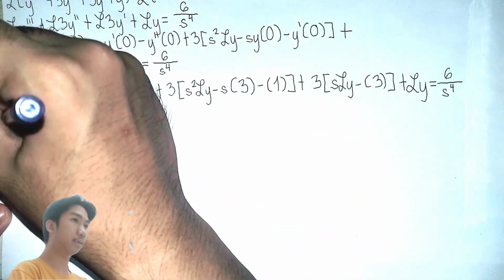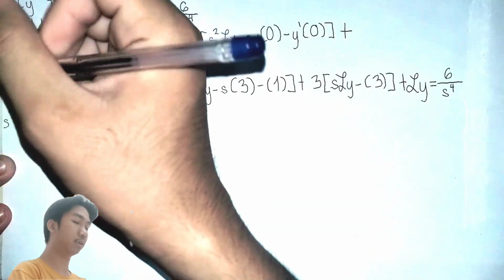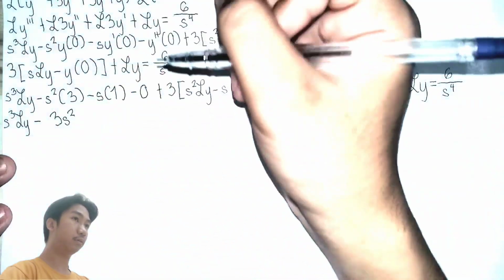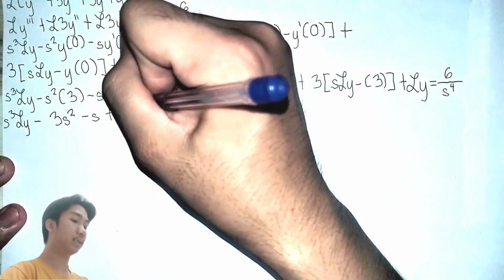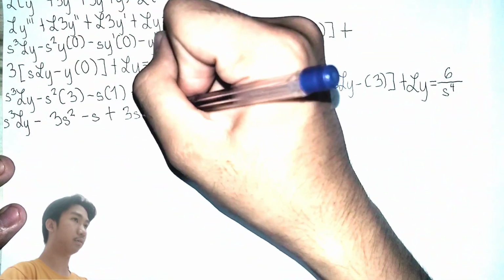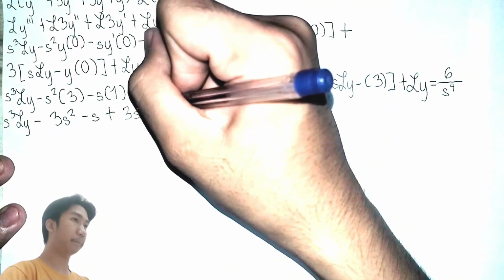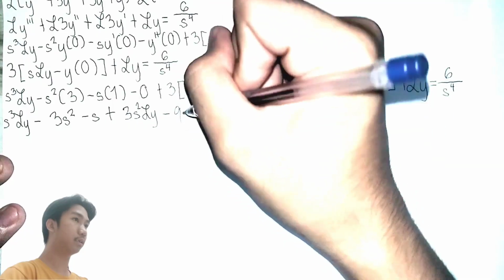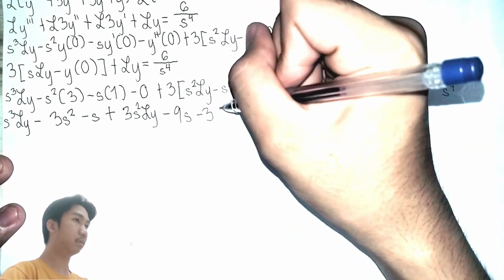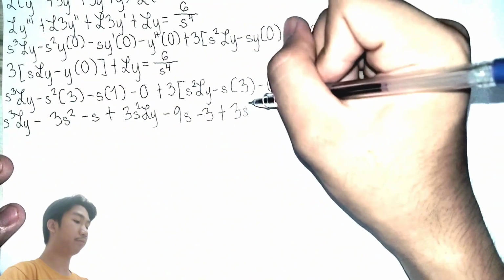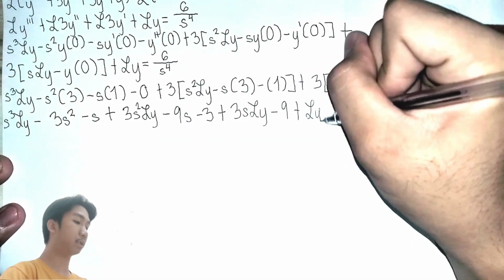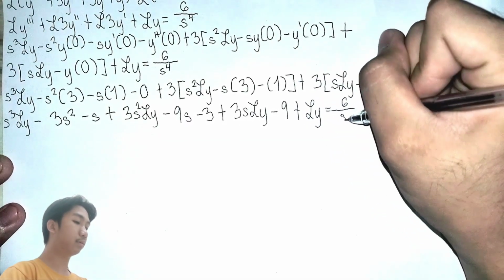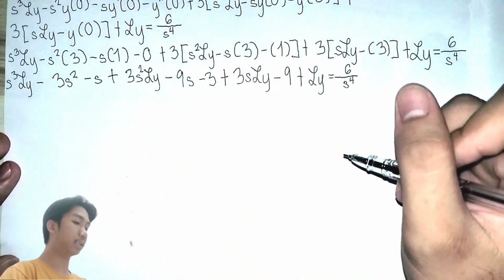That would be s cubed Laplace of y minus 3s squared minus s, plus 3s squared Laplace of y minus 9s minus 3, plus 3s Laplace of y minus 9, plus Laplace of y is equal to 6 over s raised to 4.